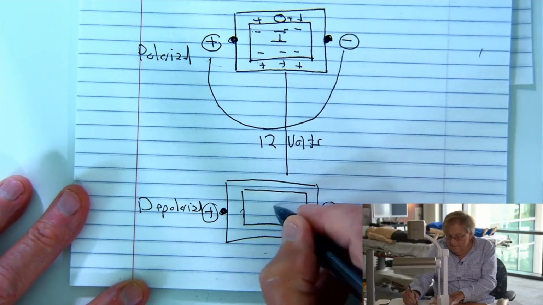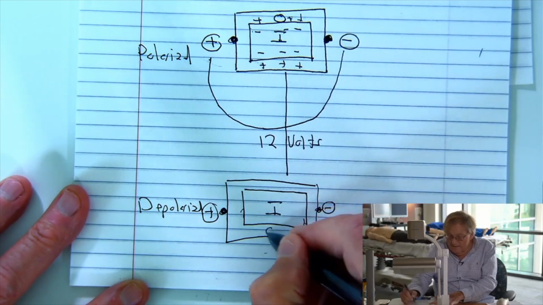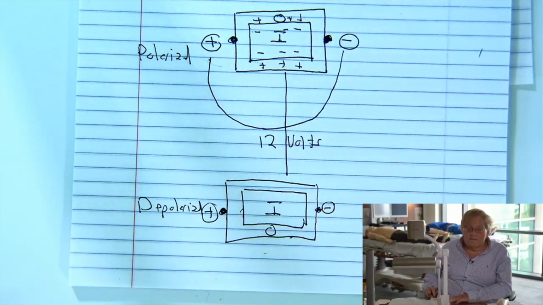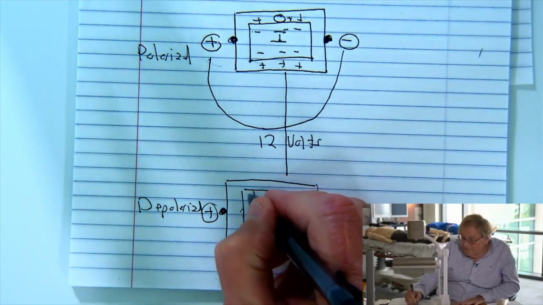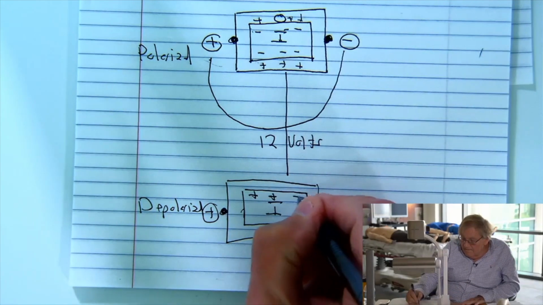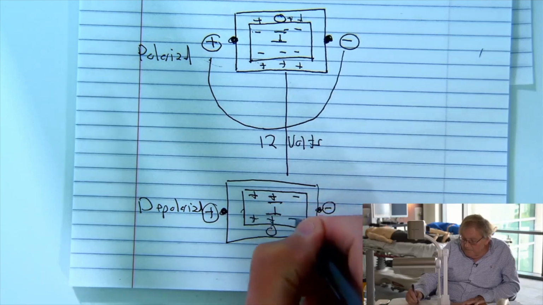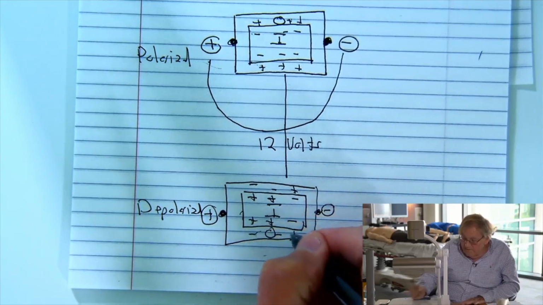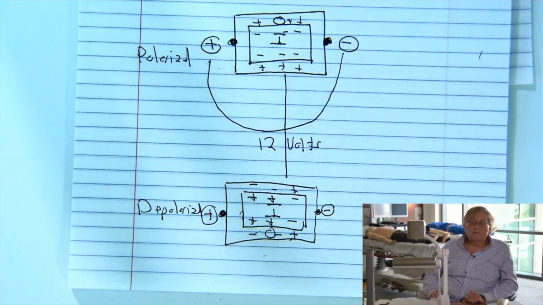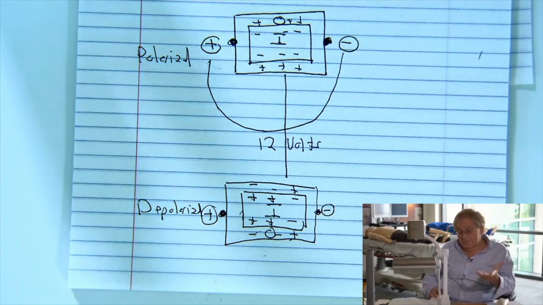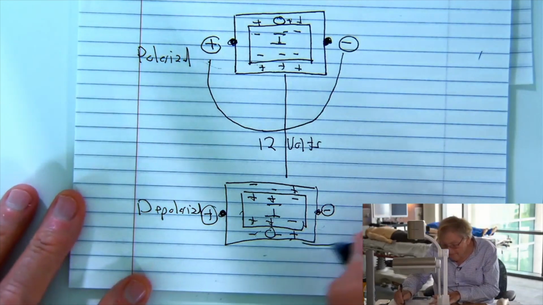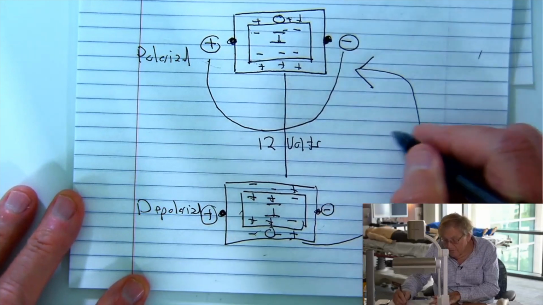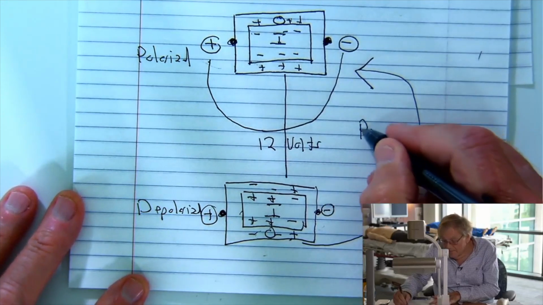This is going to be the inside and this is going to be the outside. Now when I depolarize, I'm going to have some of those positive charges moving in and some of the negative charges moving out. And that's depolarized. And therefore what the heart does, or any muscle cell or any nerve cell, it's going to have to repolarize. So when I go back to where I started, that's going to be called repolarize.